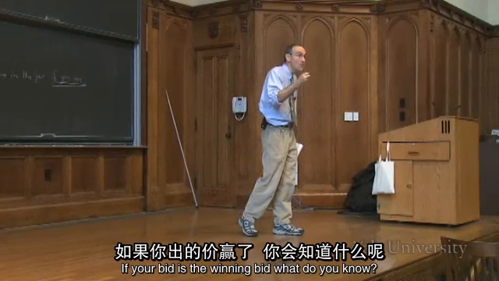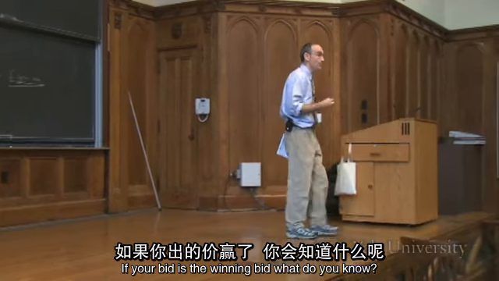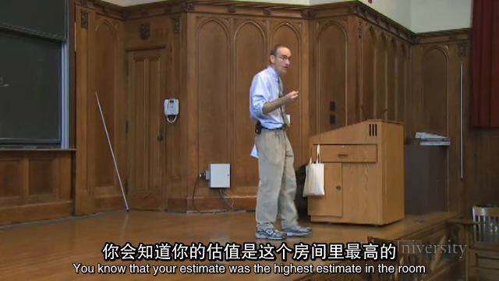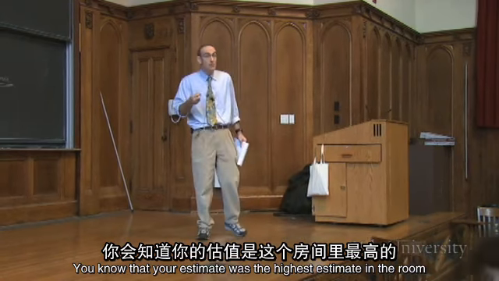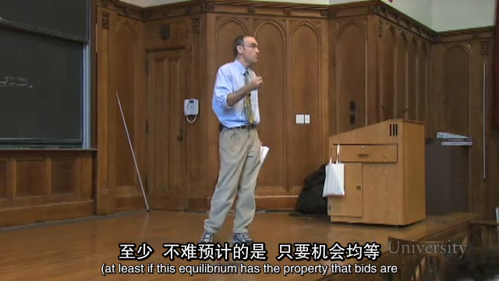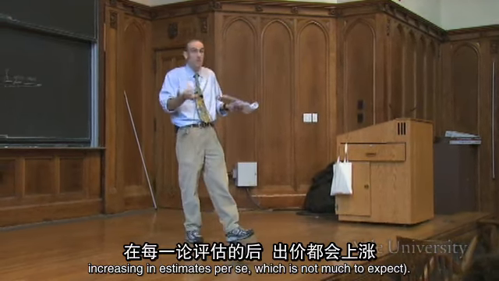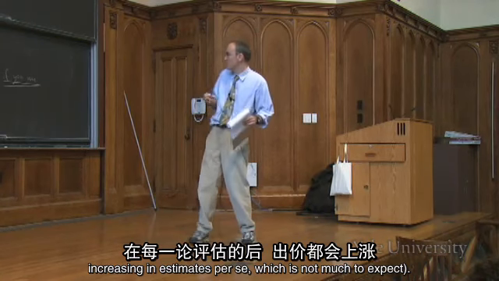And if your bid is the winning bid, what do you know? You know that your estimate was the highest estimate in the room, at least if this equilibrium has the property that bids are increasing in estimates, which is not much to expect.